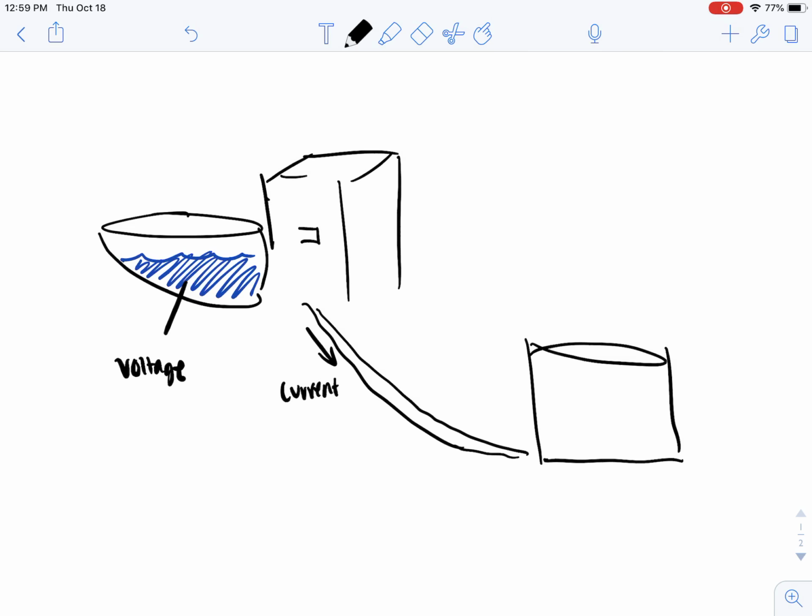And for resistance, let's say that I don't want that water going in too quickly. So I'm going to go ahead and actually erase this. And I'm going to draw a modification into my pipe. So I don't want it going too quickly. So I'm going to put this little thing right here. And what it does is this slows water down.